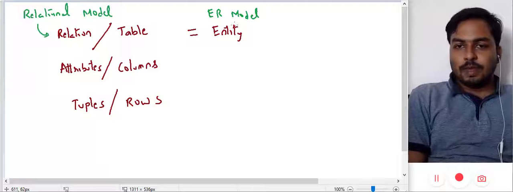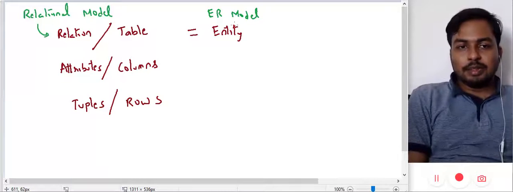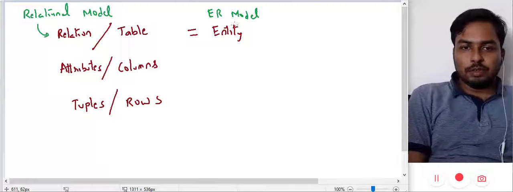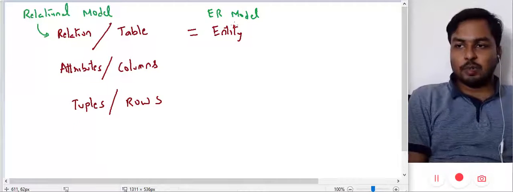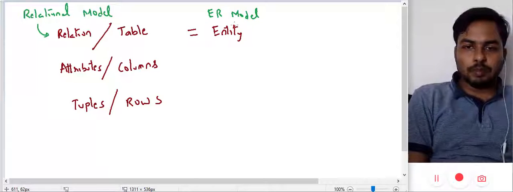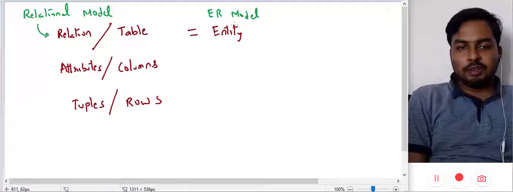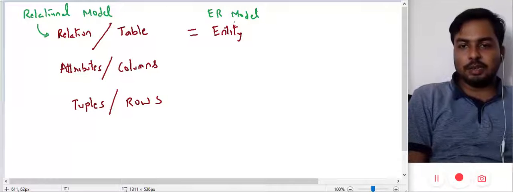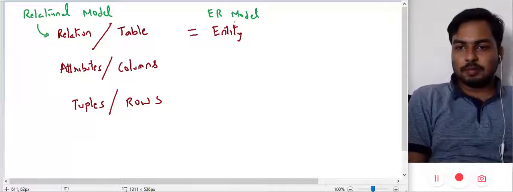Whatever we call an entity in the ER model is called a table or relation in the relational model. So you will have a student entity, which means a student table. You have an employee entity, that means an employee table or employee relation. Whenever you find the word relation in textbooks or anywhere, relation is nothing but a table.